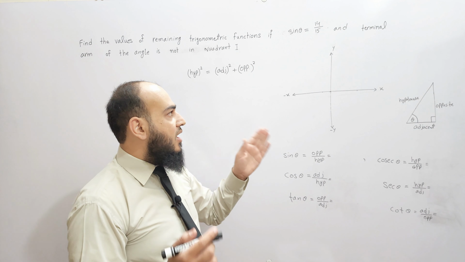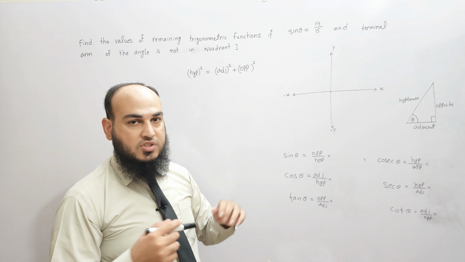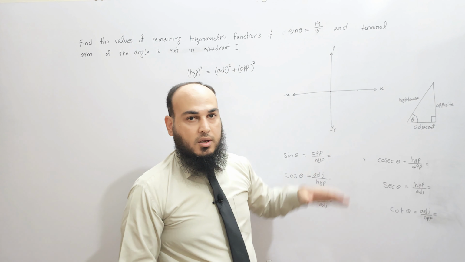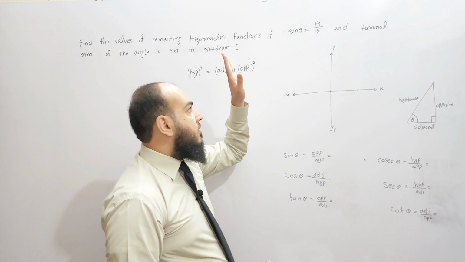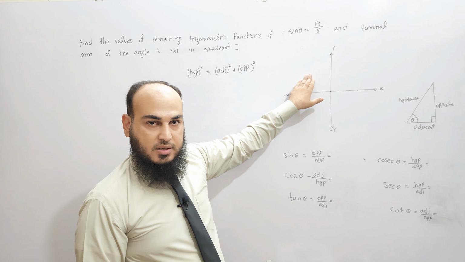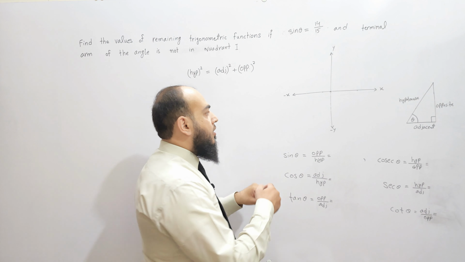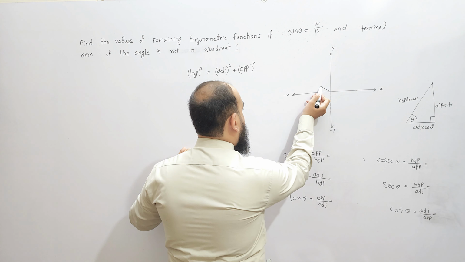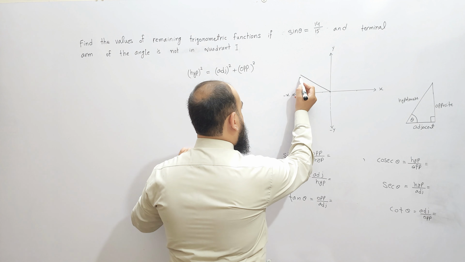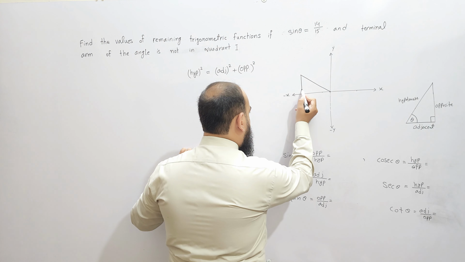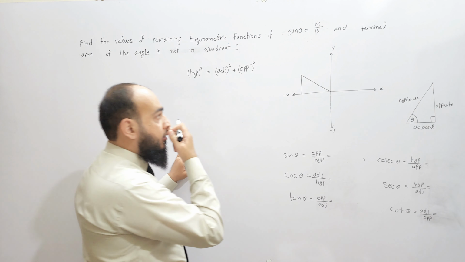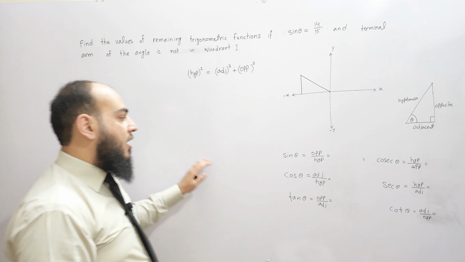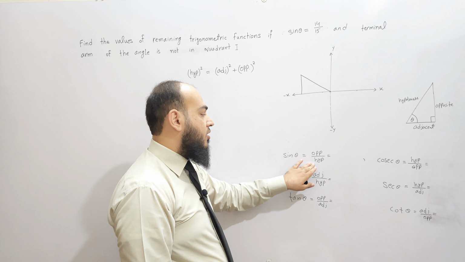If the positive value of sine theta is not in quadrant number 1, then the terminal arm will be in the second quadrant. Now we will draw the terminal arm of the angle here in the second quadrant, and it is a right angle triangle. Sine theta is equal to 14 over 15, and that is opposite over hypotenuse.